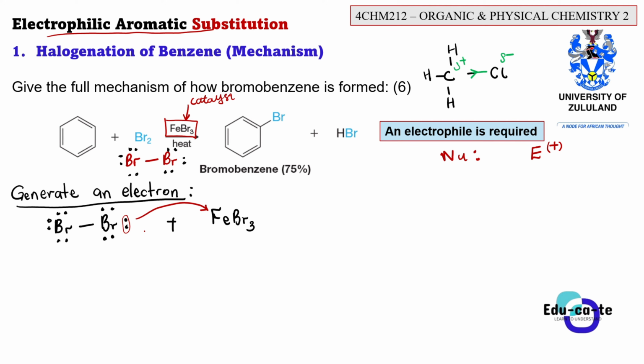So what will we have as a result here? This will be Br, this will be Br, this will be FeBr.